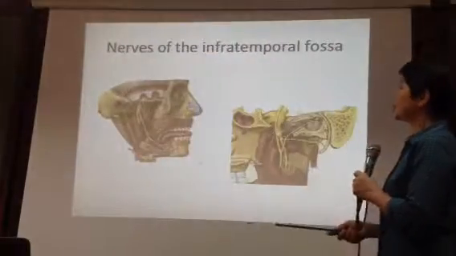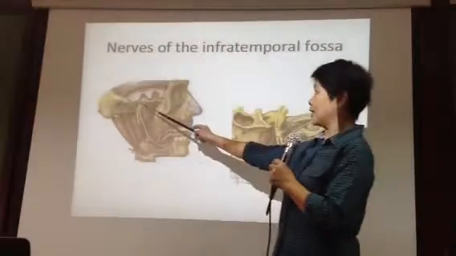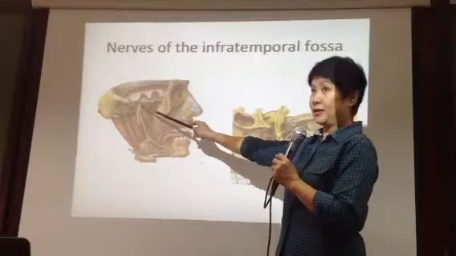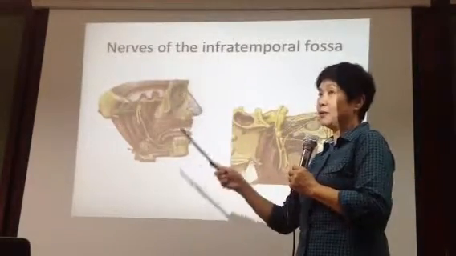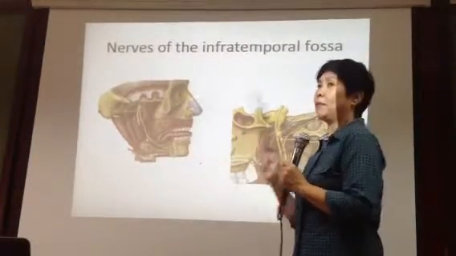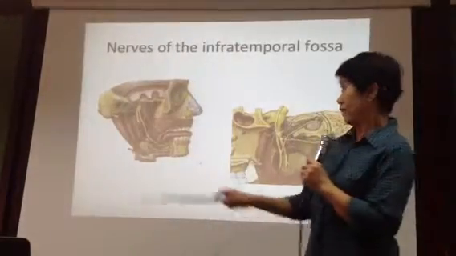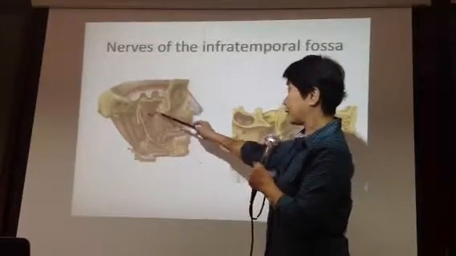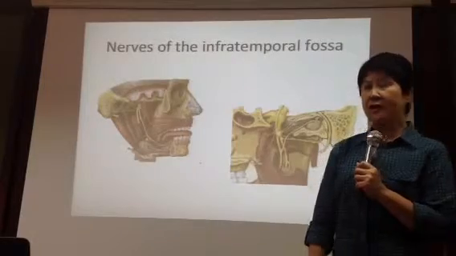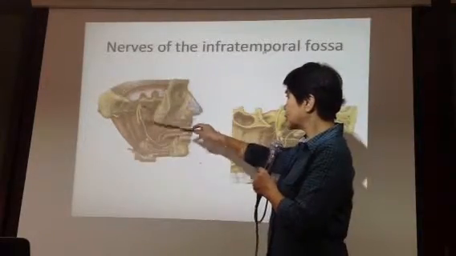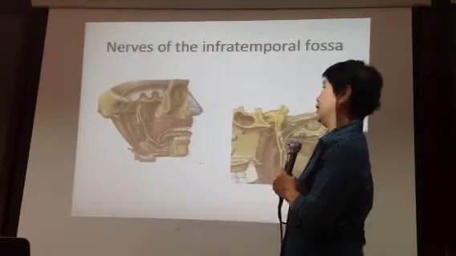Okay. So, ito yung nerve in the infratemporal fossa. This is the mandibular nerve. No? Tandaan nyo kanina, yung mandibular division ng trigeminal pumasok sa foramen ovale. Dito siya lumabas sa infratemporal fossa. And in the infratemporal fossa, it gives rise to two divisions.